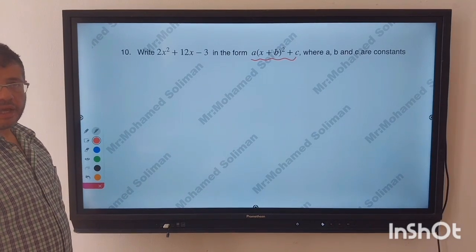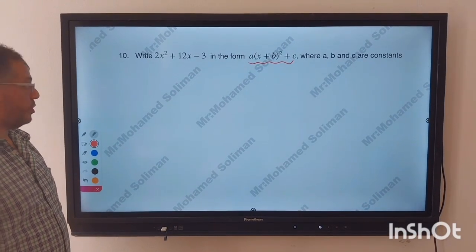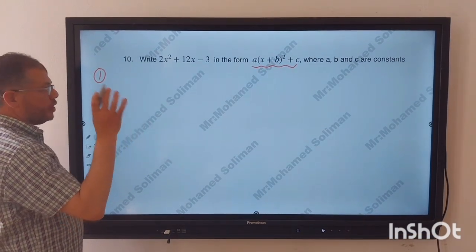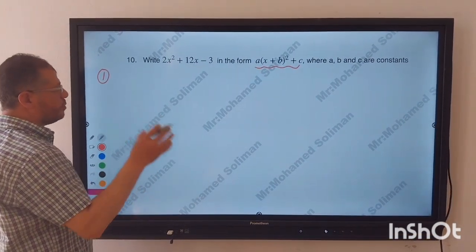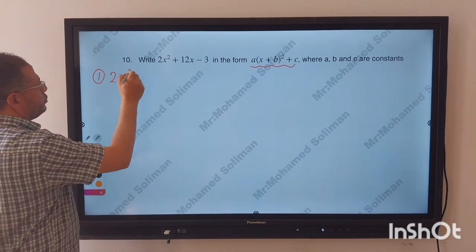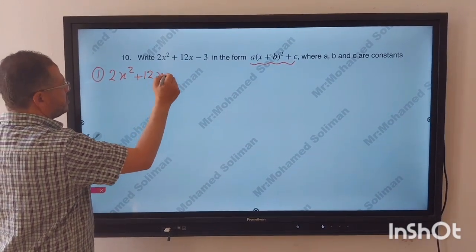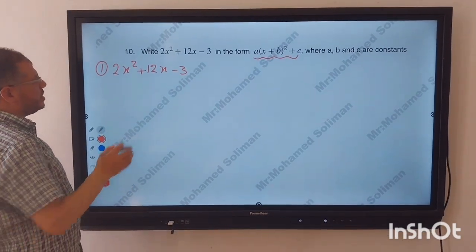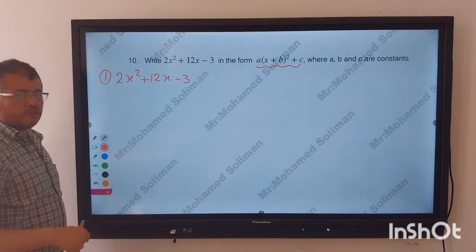So let's follow the steps that we had before. First step, I want you to make sure about what? About your quadratic formula being written in the form that you keep in your mind. So I have here 2x power of 2 plus 12x minus 3. Yes, it's okay. But here, the coefficient of x power of 2 is more than 1.